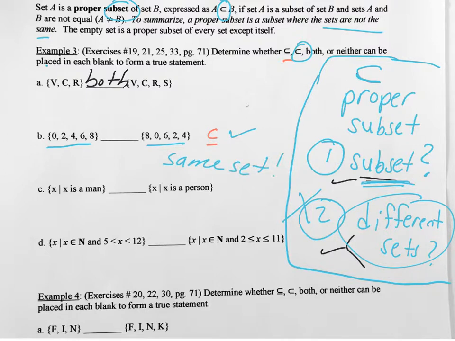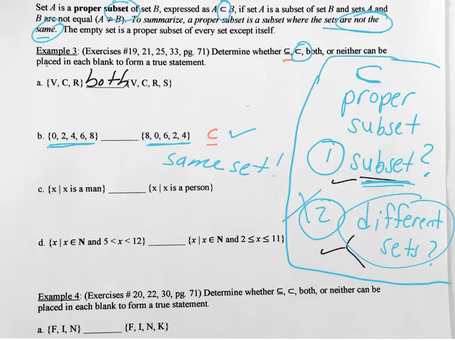Remember, we don't want the same set to be proper. That's what proper means. So because we wanted different sets, but it failed that, we got the same set. It's not a proper subset. So the set of 0, 2, 4, 6, 8 is not a proper subset of 8, 0, 6, 2, 4 because they're really the same exact set.